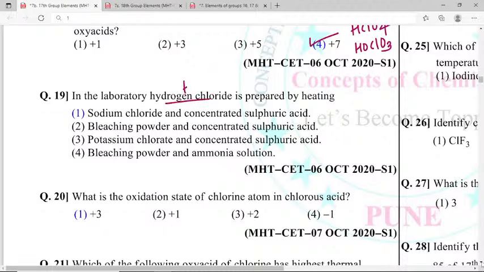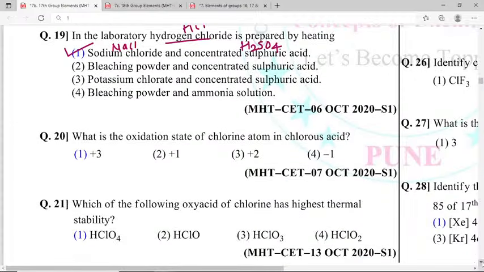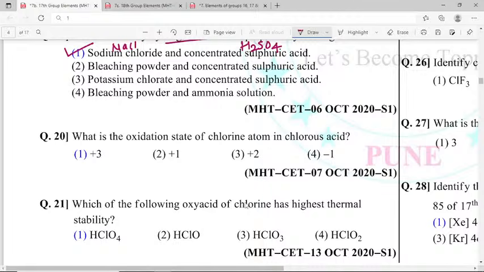In the laboratory, hydrogen chloride HCl is prepared by heating sodium chloride and concentrated sulfuric acid. Sodium chloride and concentrated H2SO4, hydrogen chloride is prepared. Next question, what is the oxidation state of chlorine in chlorous acid?